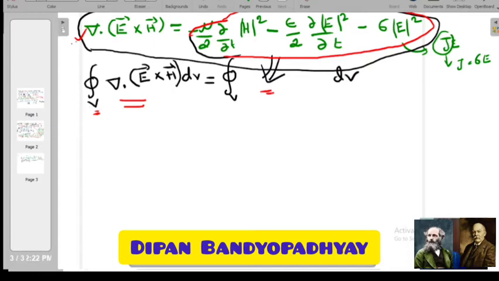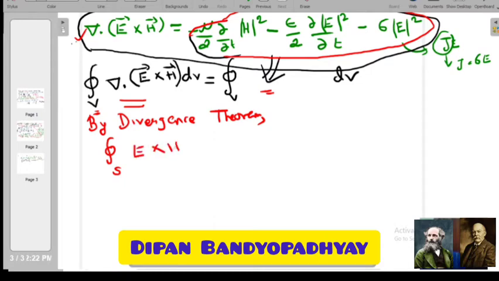Now what we can do from here is use the divergence theorem. You know the divergence theorem. By the divergence theorem, I can change this volume integral to a surface integral. So I can write this as the surface integral over the surface S enclosed by the volume V, of E cross H, just E cross H, dA, or say dS, which of course will be a vector.